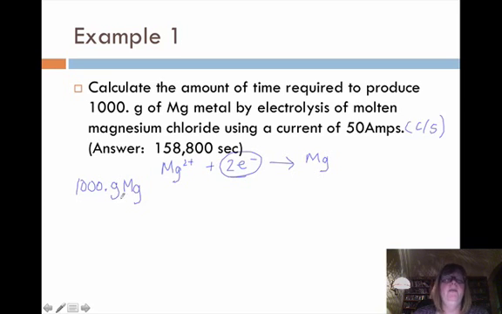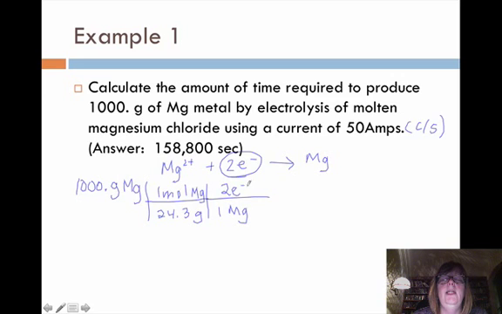Okay, so we've got 1,000 grams of magnesium, and we know that a Faraday has moles of electrons in it, so I'm probably going to have to convert these grams to moles. A mole of magnesium has a mass of 24.3 grams. For every mole of magnesium that's being reduced here, we're having 2 electrons being gained.